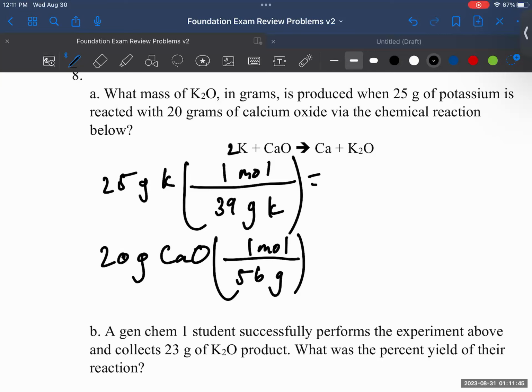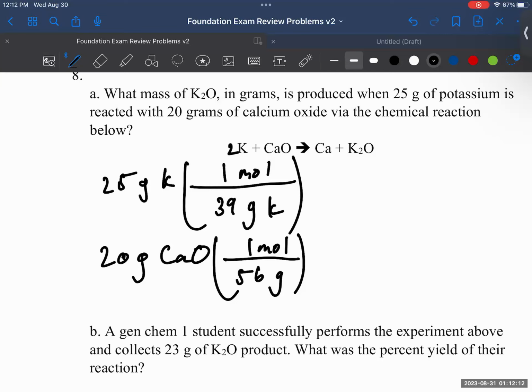So, I'm gonna hold off, right, on doing anything else with these numbers. So we have our answer in moles now, right? So what do we want to do next? Yeah, the mole to mole ratio.